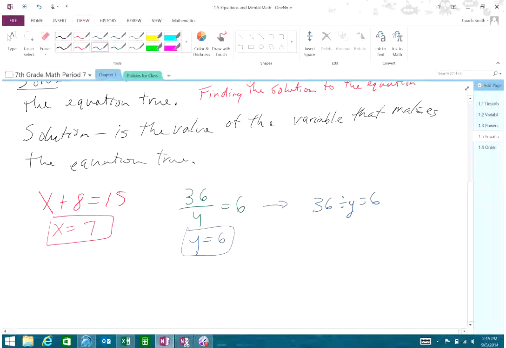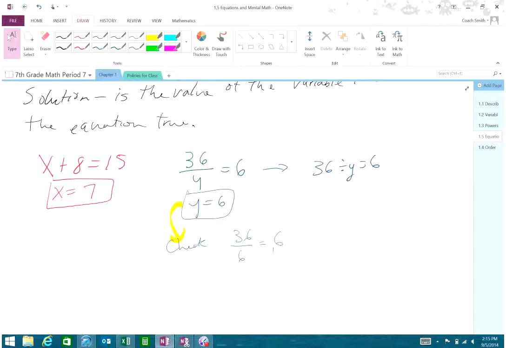Okay, so in other words, what they want you to see is this. If we were to check this, you would have 36 over 6 is equal to 6. Well, 36 over 6 is 6 over 1, which is 6. So 6 is equal to 6, so it does check.